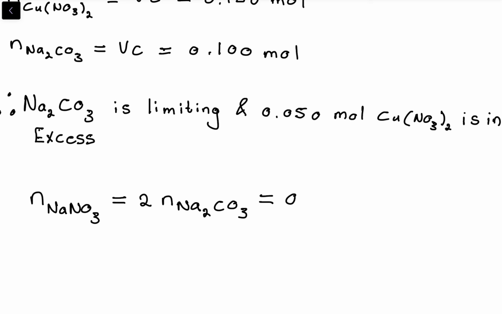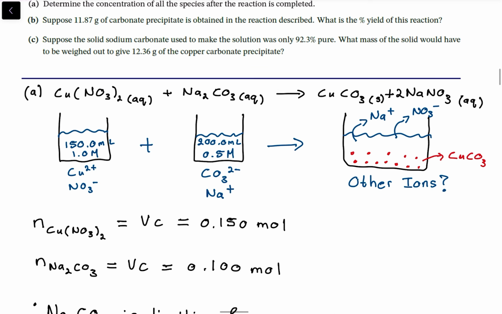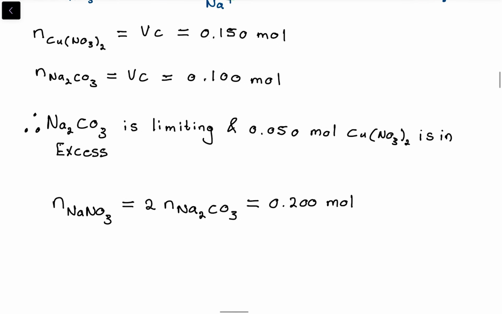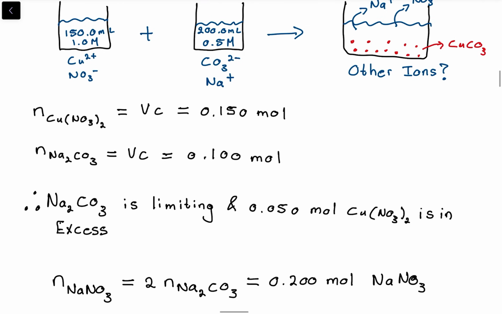So in other words, 0.200 mole sodium nitrate forms. Okay, you can see it's a 1-to-2 ratio. All right, so we know that's how much sodium nitrate, NaNO3, forms.